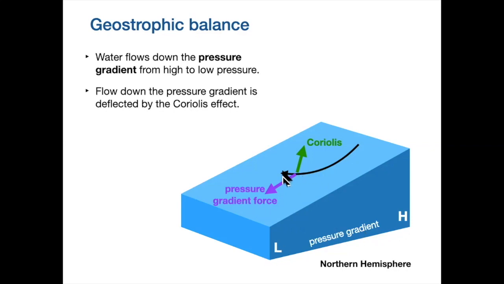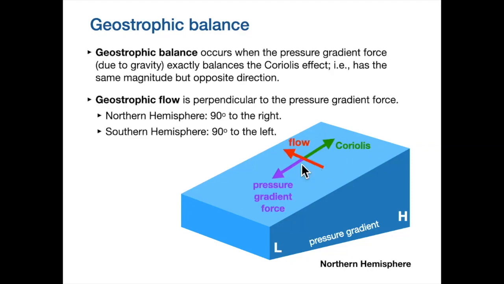The flow is going to continue to accelerate, and therefore there's going to be more Coriolis effect on the flow, and it's going to continue to be deflected to the right in the northern hemisphere until we eventually get to a situation where this Coriolis vector exactly balances the pressure gradient force vector. So these two vectors are in opposite directions and have the same length.